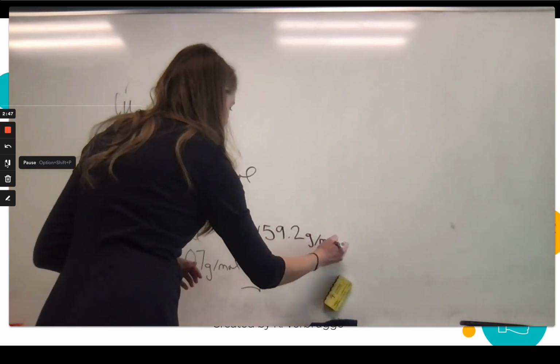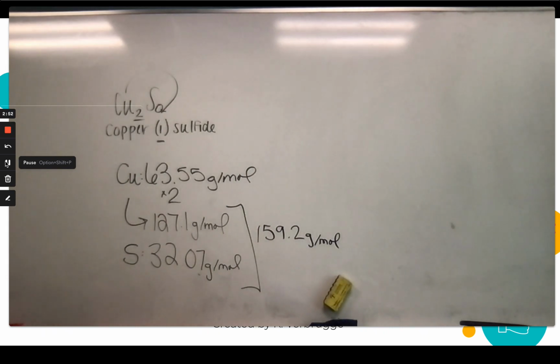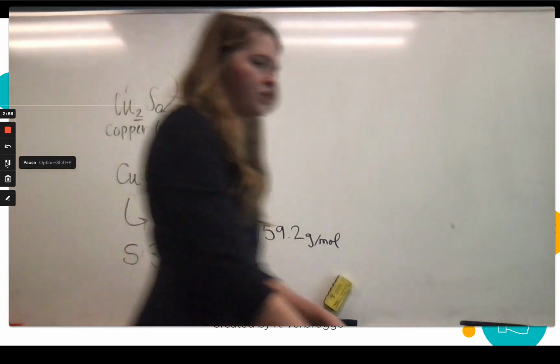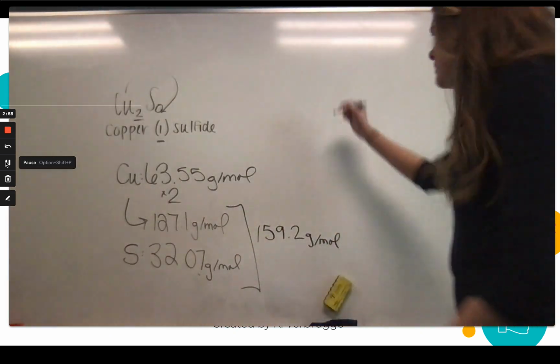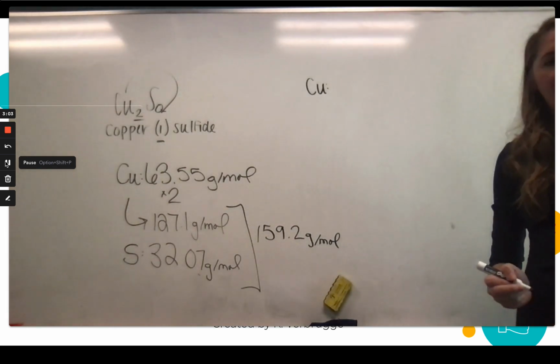grams per mole. The problem asks us to find the percent composition of each element, so let's start with copper. According to my formula, I put my mass of the element on top.